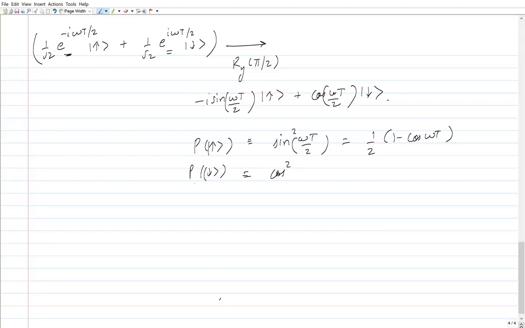Similarly, for the probability of finding this state in the down spin direction, over here. So fantastic. Now I have different statistics depending upon what my measurement is, and the probability, which is a measurable in my experiment, is a function of omega.